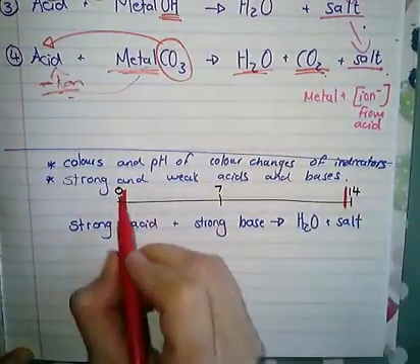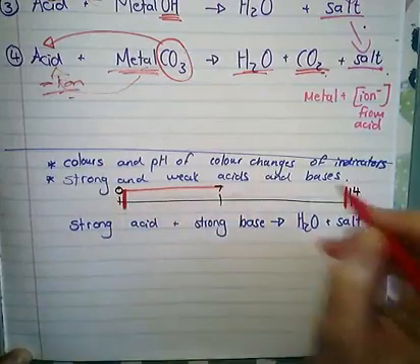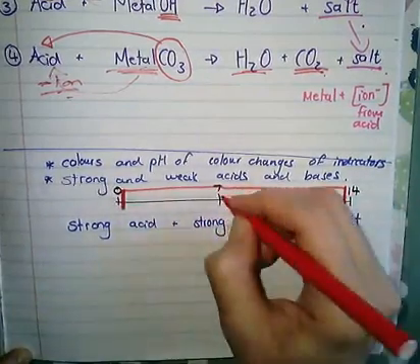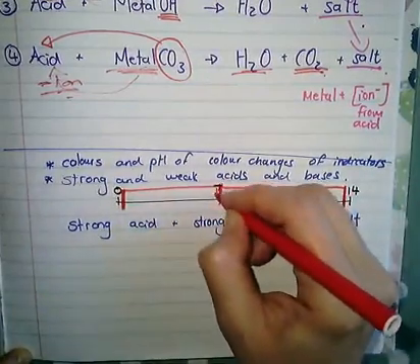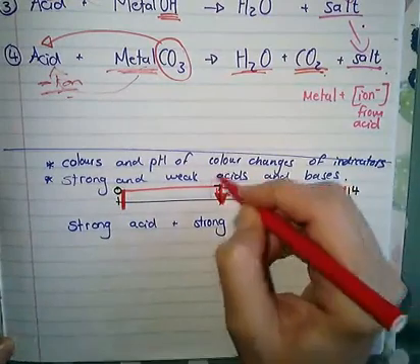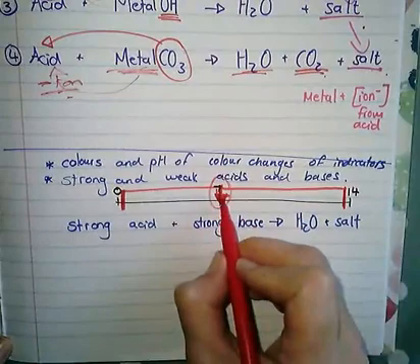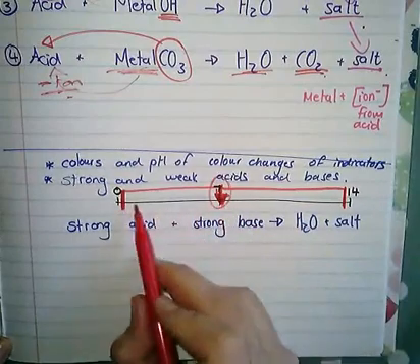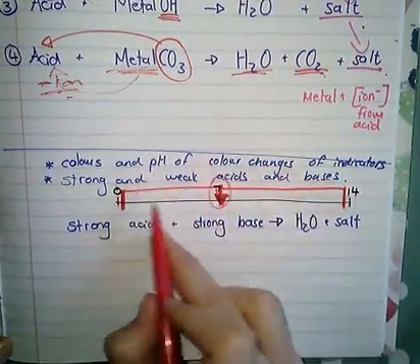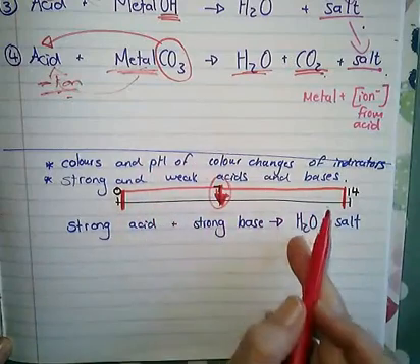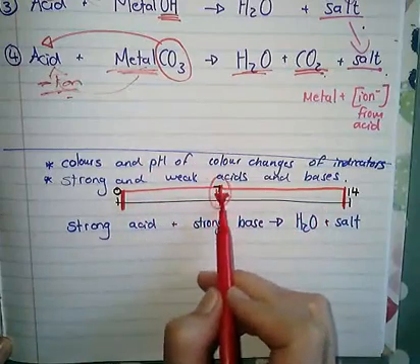So in order to see when this neutralization reaction has taken place, you are going to need an indicator that changes color in the vicinity of 7. And that is bromothymol blue.